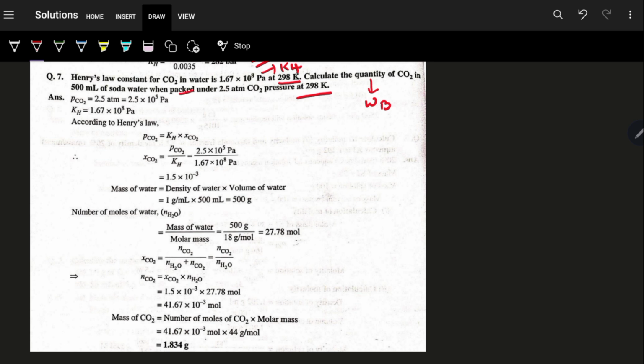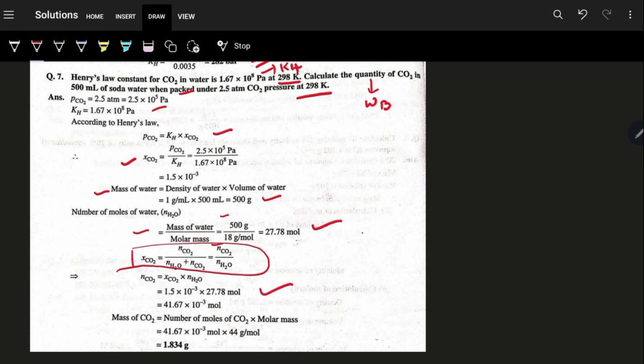So the partial pressure is this, Kh is this, you apply Henry's law and you get the mole fraction. Mass you have to calculate, because you have to place it in the mole fraction relation. So from the mass of water you get the number of moles of water, mass by molar mass. Place it in the mole fraction formula and calculate the number of moles of CO2.